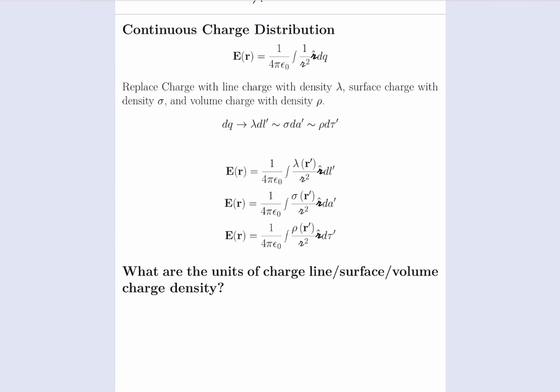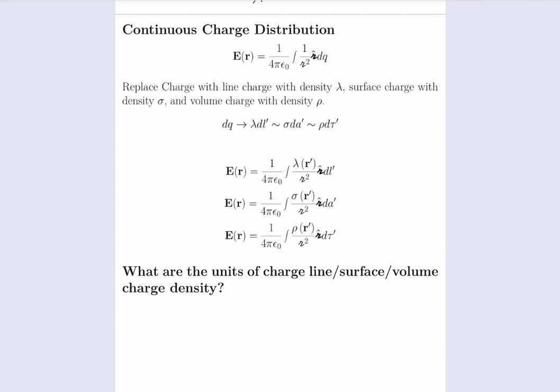So in this case, we are considering the line integral, where we typically write the charge density as lambda. Also a surface integral, where we typically write the charge density as sigma. And finally, the volume integral, where the charge density is typically written as rho.